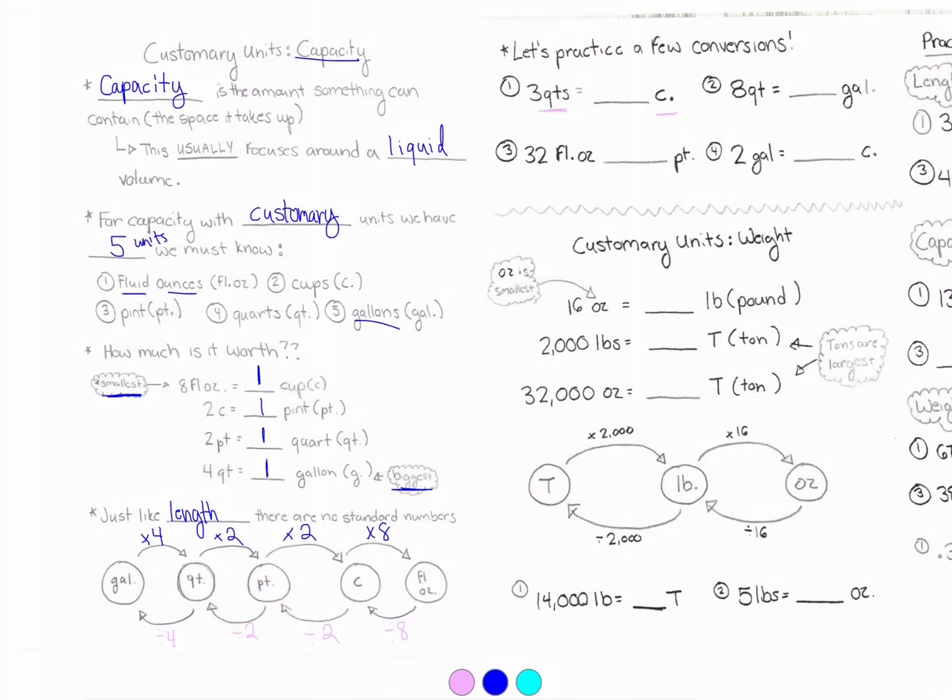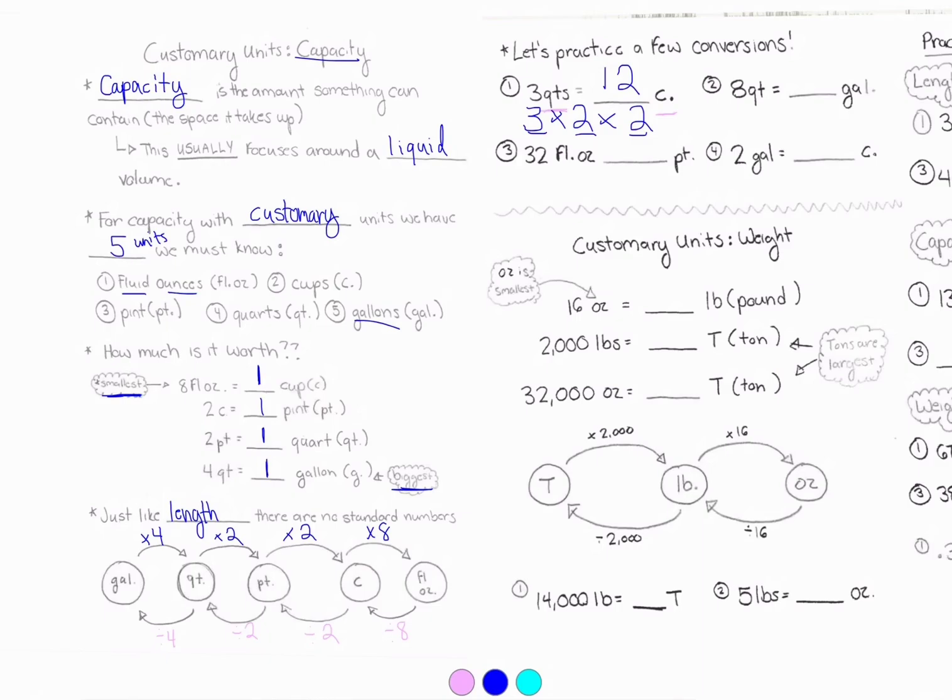To figure out this problem, I'm going to do 3, because that's what we start with, times 2 to figure out how many pints are in a quart, and then times another 2 to figure out how many cups are in those pints. 3 times 2 is 6. 6 times 2 is 12. So I get the answer of 12. You have to think about which way you're going and whether you're dividing or multiplying.